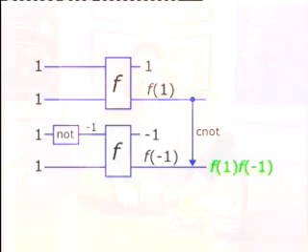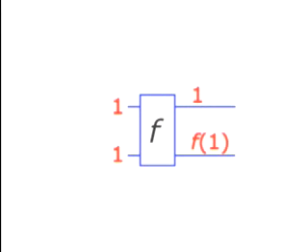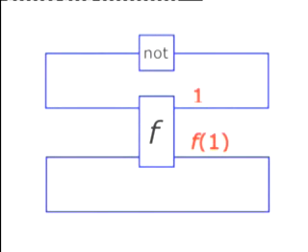Alternatively, we could find the answer by invoking one instance of the oracle twice, doubling the running time, like this. The input bits both start at 1. They pass through the oracle, making them +1 and f of +1. Then they each go round a loop.